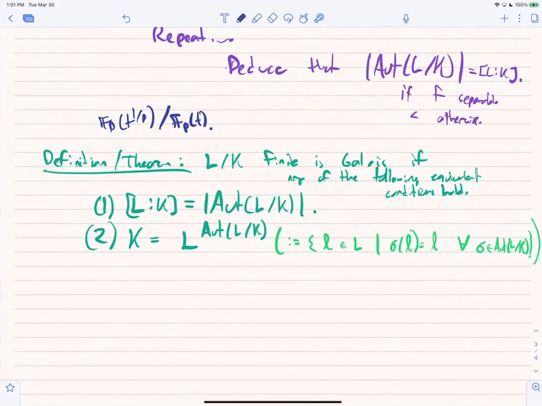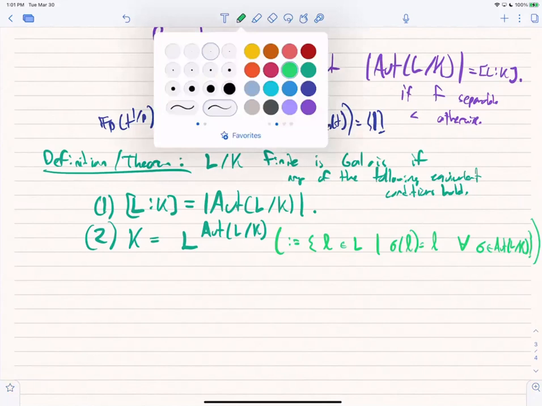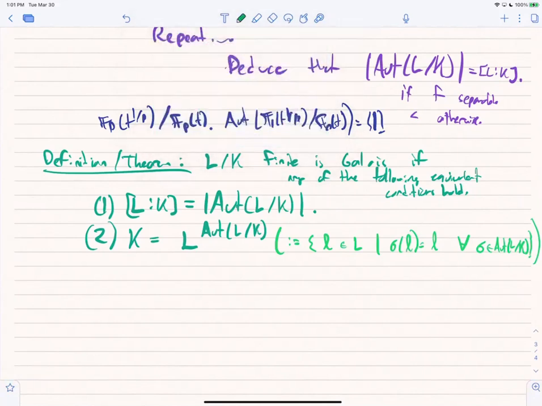So Aut of F_p(t^(1/p)), the automorphisms that fix F_p(t), just equal 1. So in particular, the fixed field for this group of automorphisms is the full extension. So that's an example of how this breaks. I think this was a homework problem for the homework assignment. So there's a freebie. That's why that extension is not Galois. So this is why it's a non-trivial condition.